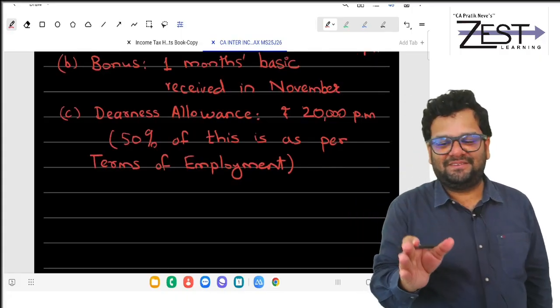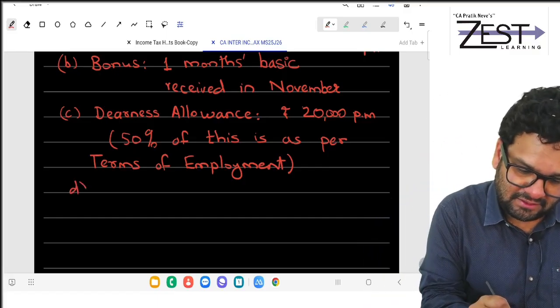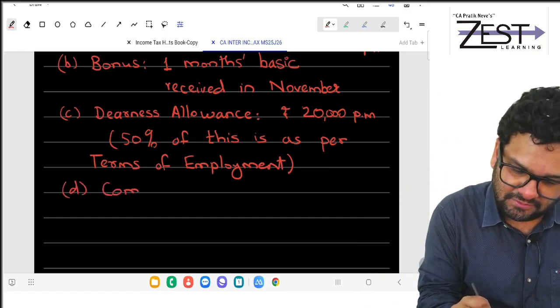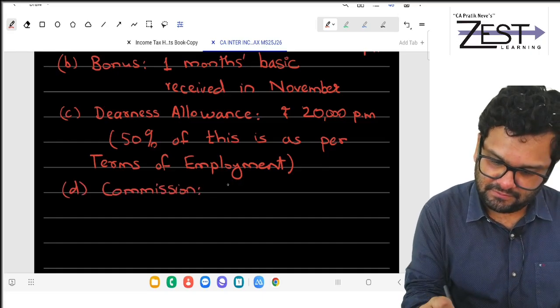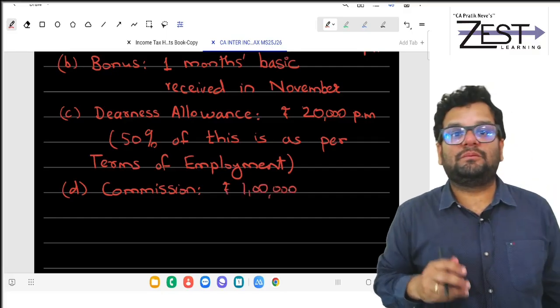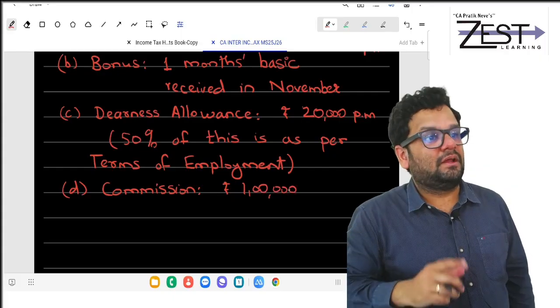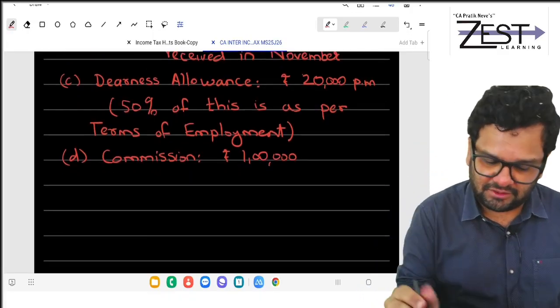So basic done, bonus, DA, commission. Commission is rupees 1 lakh. So which commission is this? Lump sum is given, fixed. Rupees 1 lakh is commission.